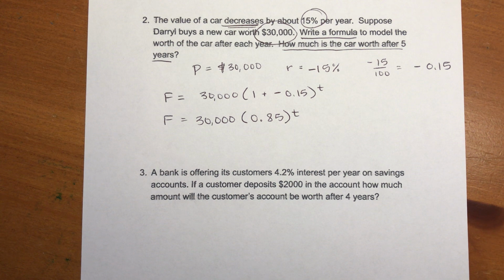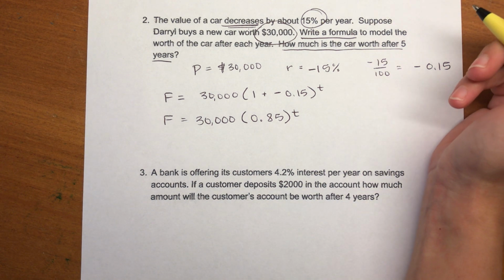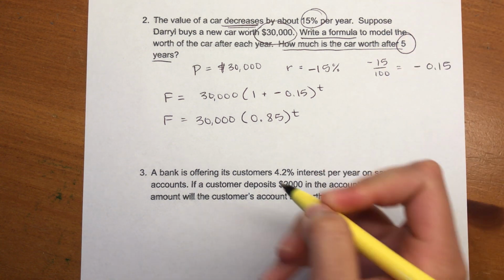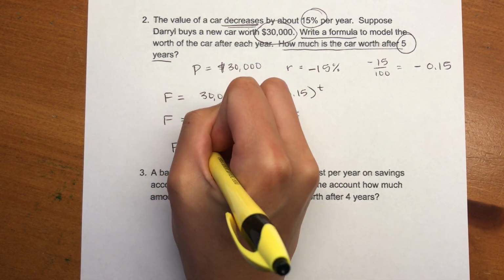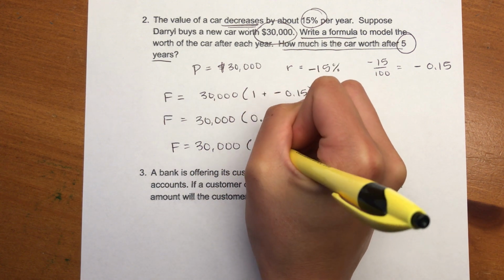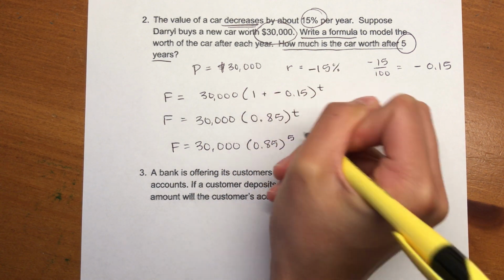So now let's find out how much the car is worth after 5 years. So I'm substituting what number for my time? I'm going to substitute 5. 5 is my time. So F equals 30,000 times 0.85 to the 5th.